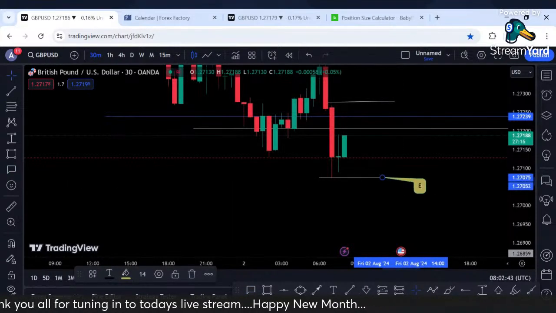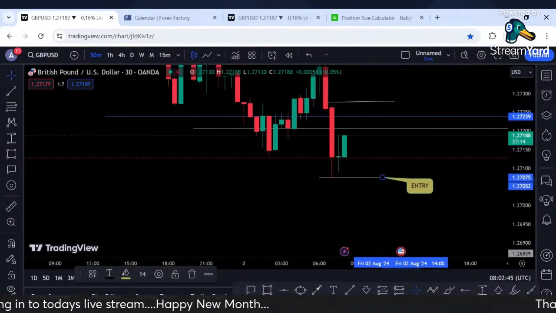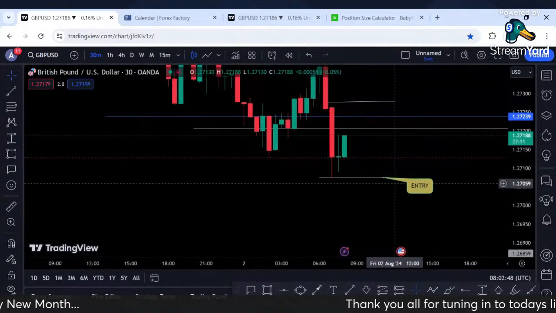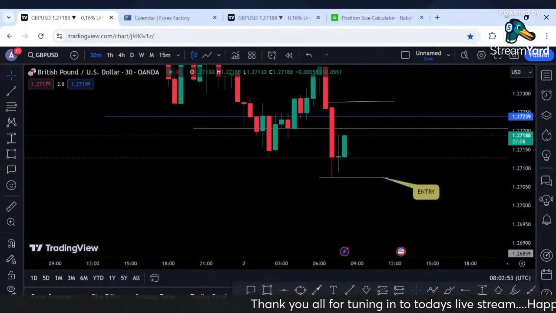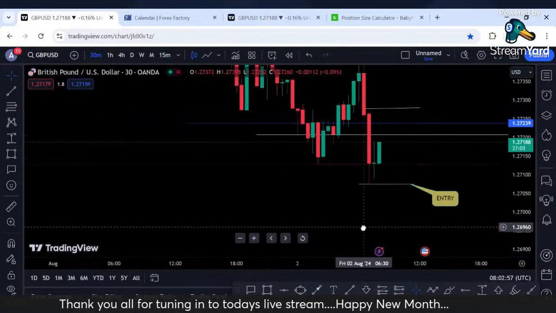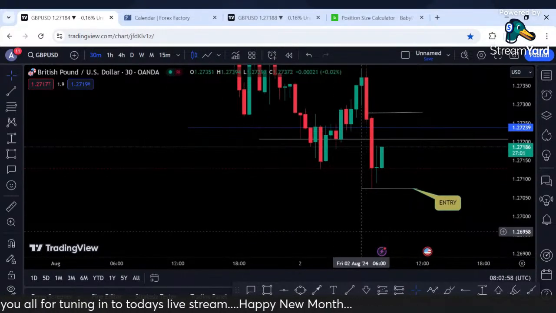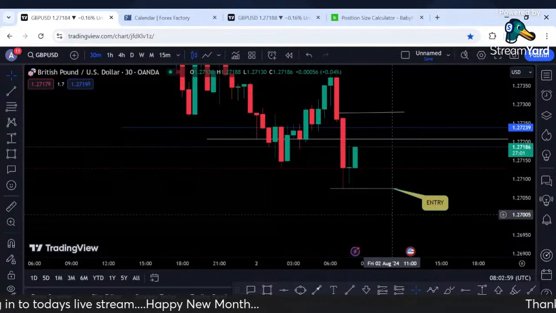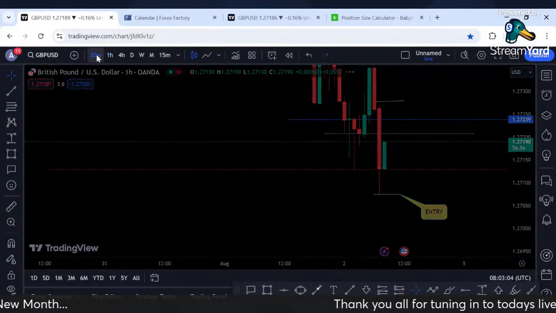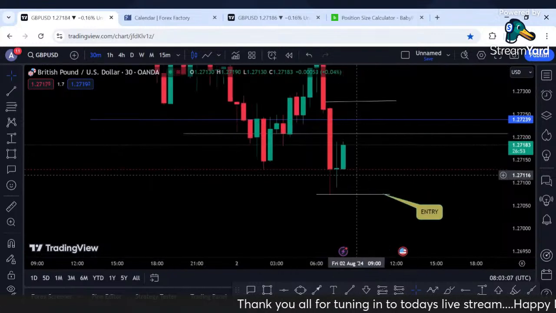So this point will be the entry. So I think the retracement was deep.